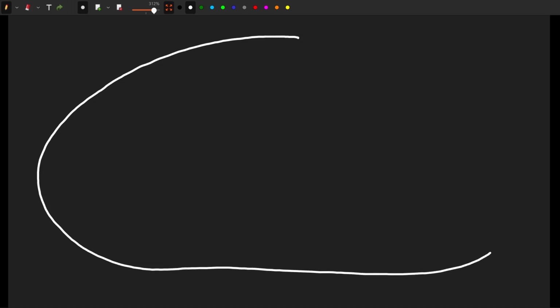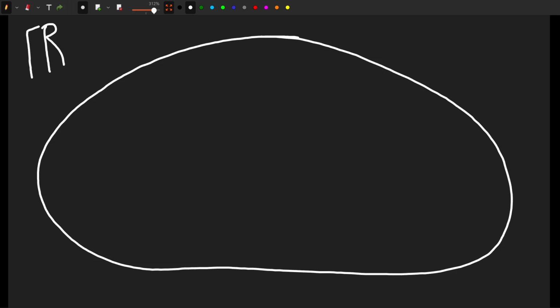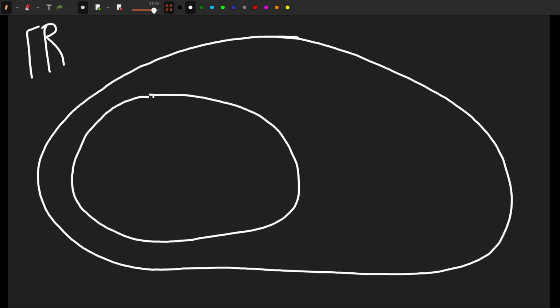We're going to start off with one giant circle. And so this giant circle is going to represent all of the real numbers. And so inside the real numbers, we have two groups. We're going to have the rational numbers and the irrational numbers.